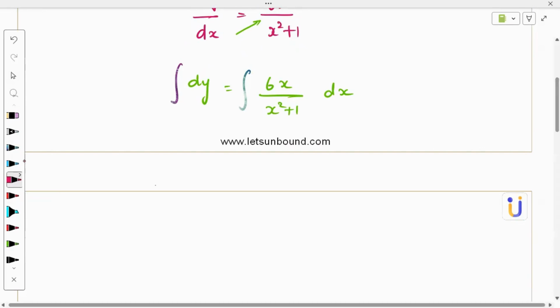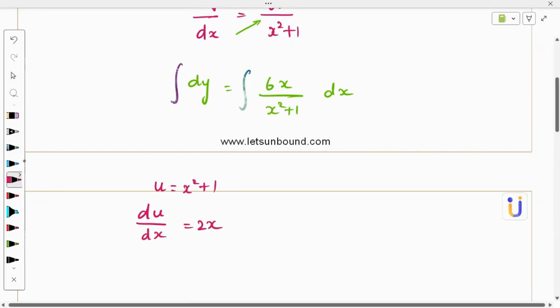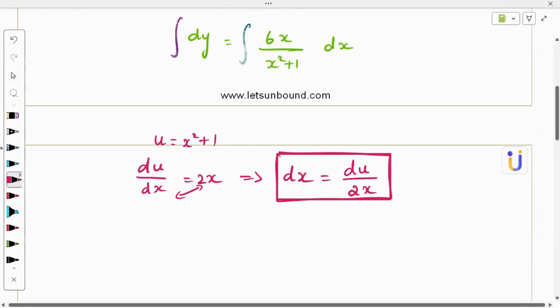Let me take u equal to x square plus 1. Then du by dx is 2x, and 1 will become 0. So from this, I can write my dx as du by 2x.